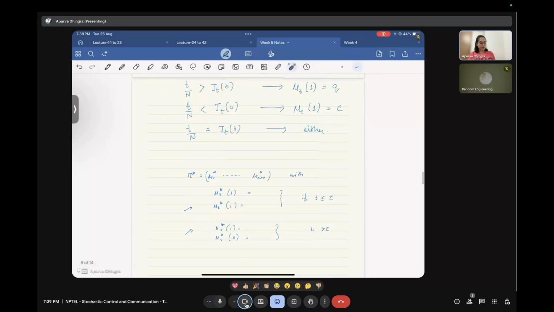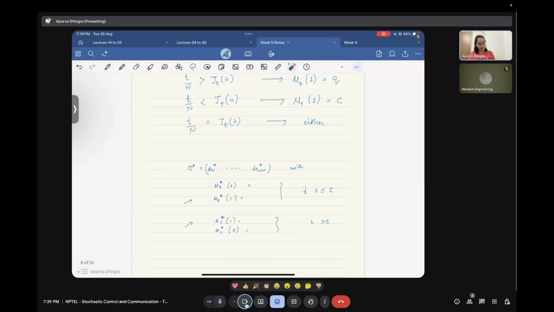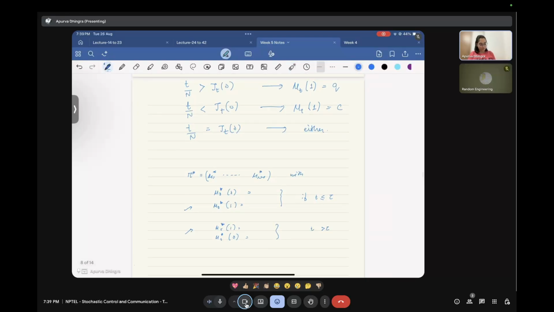So, in other words, the policy is this way. There is some special value, let's just denote it by tau, where t by N supersedes Jt of 0. So let's say we have found a special tau. How do we find it? We'll get to that. But let's say that there exists one.